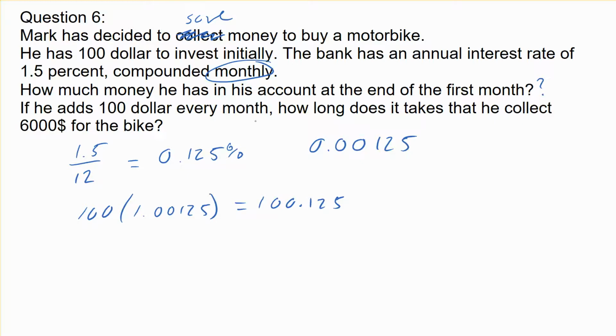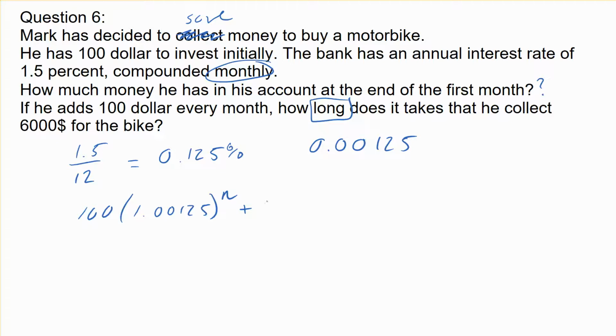If he adds $100 every month and it continues compounding monthly, how long does it take for him to collect $6,000 for the bike? So that's the one where we want to do this. This represents how long. The very first month is going to get n compounds.